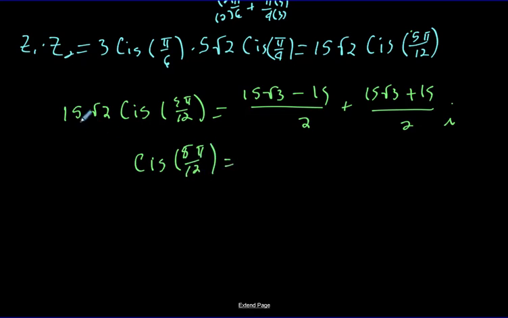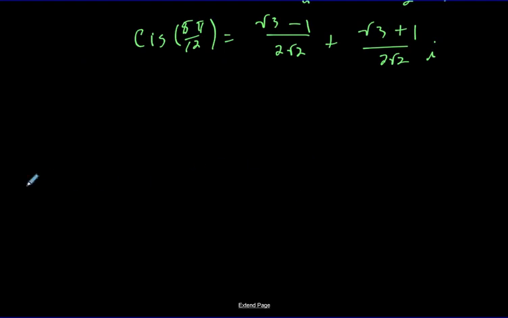I can see that the 15s are going to cancel, and then I'm going to have a root 2 in the bottom. So it's going to be root 3 minus 1 over 2 root 2 plus root 3 plus 1 over 2 root 2 i. And now I can equate the parts real simple.